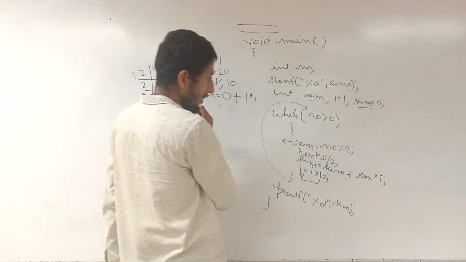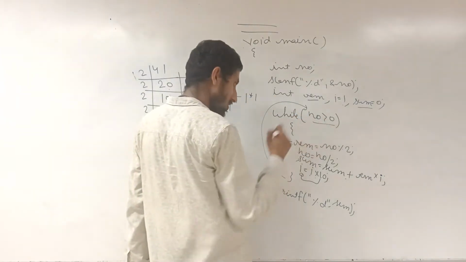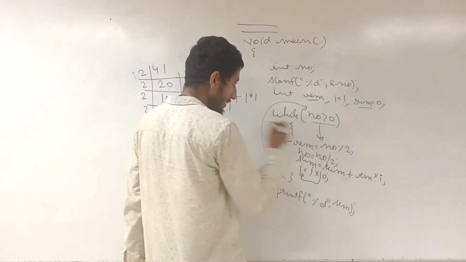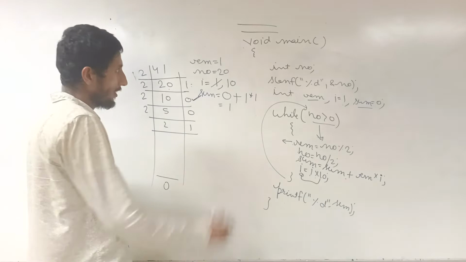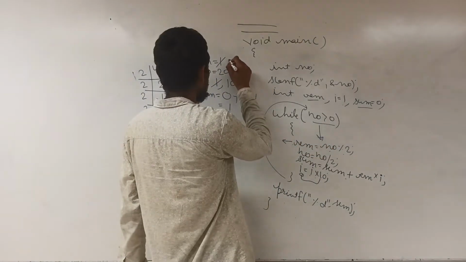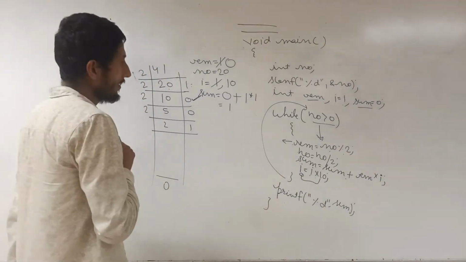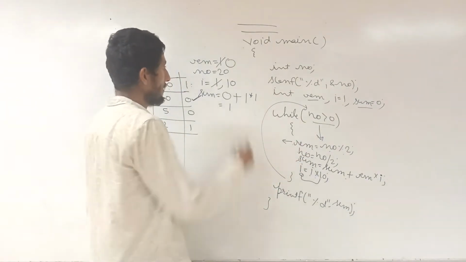Check the condition. What is the number? Number is 20, and 20 is greater than 0, so the condition is true. Again come inside the loop. The previous value of remainder was 1, now it becomes 0. Number equals number divided by 2, so the number becomes 10.